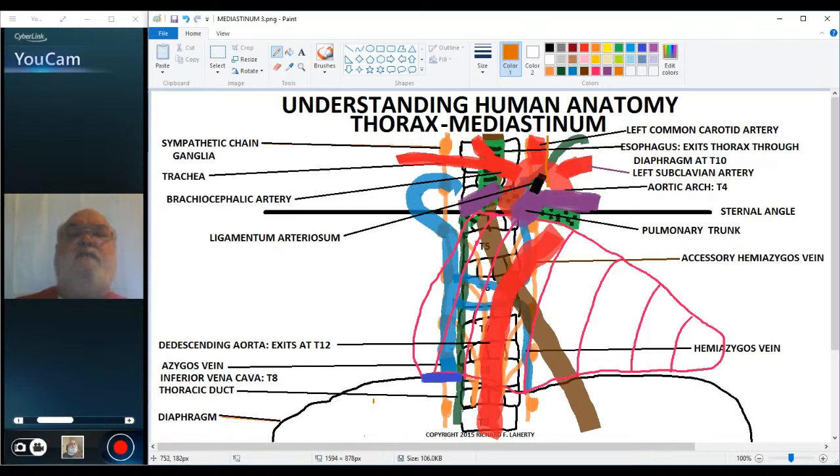and then it gives off a branch that passes deep to the ligamentum arteriosum and deep to the arch of the aorta, and comes over to the trachea, and then ascends on the lateral surface of the trachea.